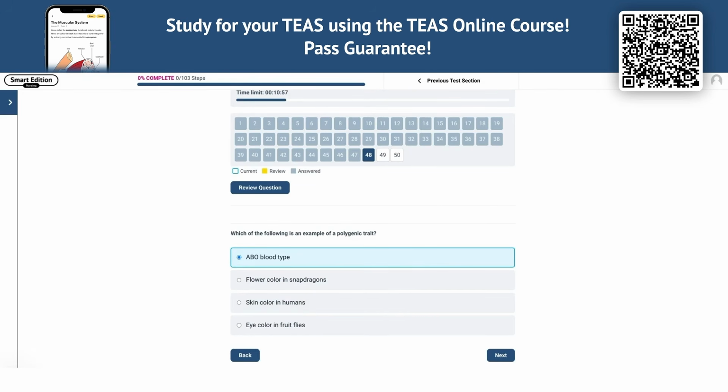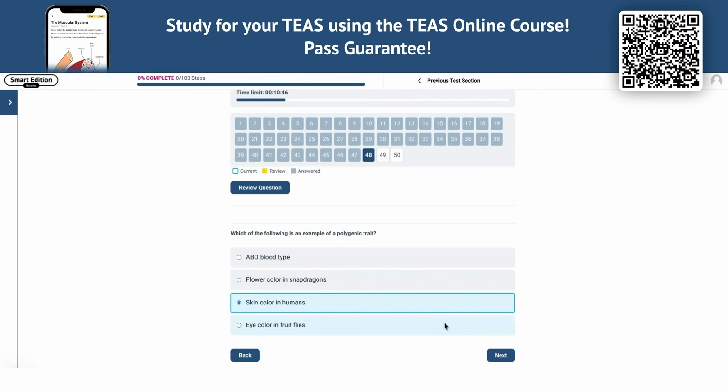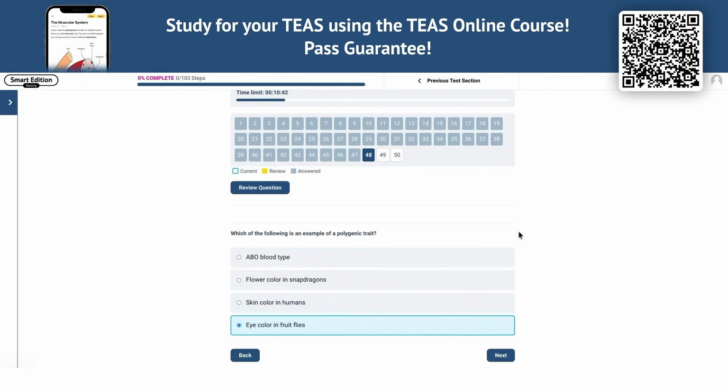Which of the following is an example of polygenic trait? ABO blood type, flower color in snapdragons, skin color in humans, or eye color in fruit flies? So the correct answer is skin color in humans.